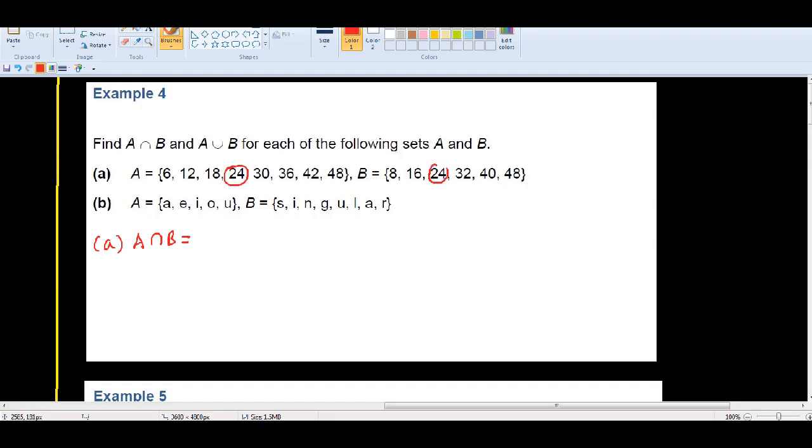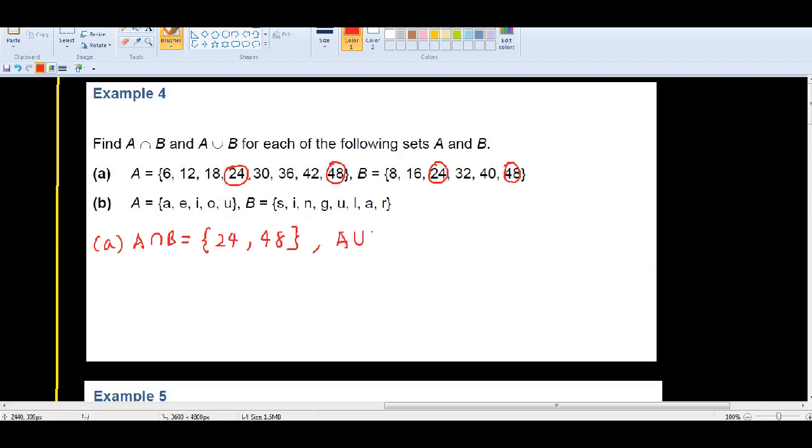So 24 is a common element in both sets. 30? No. 36? No. 42? No. 48? Another one. So there are 2 common elements in both A and B. So the intersection of A and B is just these 2.